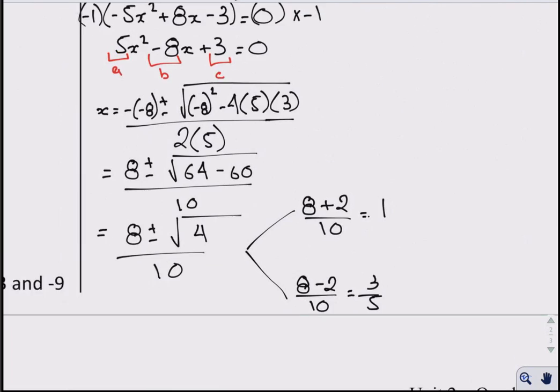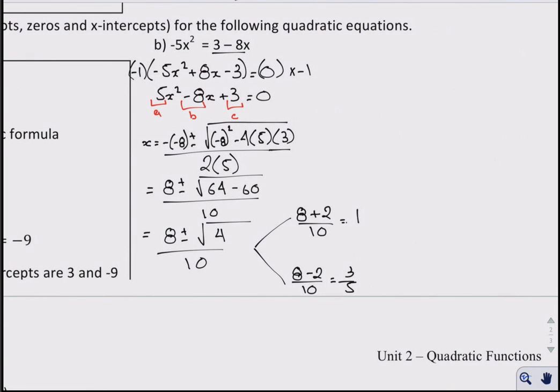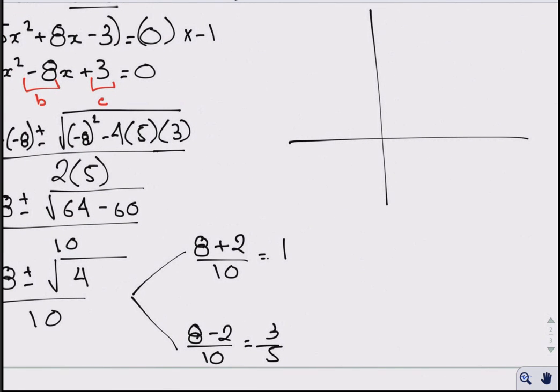That means this parabola passes through 2 x-intercepts. So it'll look something like this. So 3 over 5 is 1.5. Let me see here. So let's say this is 1, this is 2. So I have a root over here.